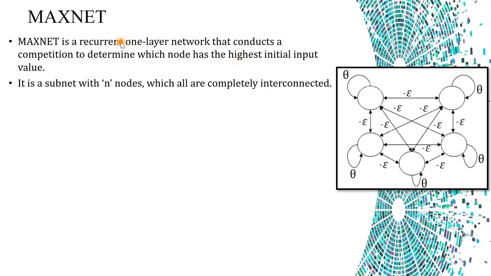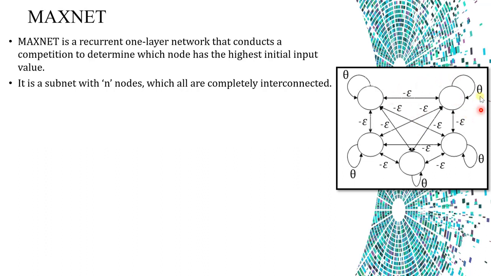Now it is a recurrent one layer network. Why is it recurrent? Whatever is the value at this particular node, the output of this node will be fed back to itself, and whatever is the value of this node, with this weight it will be given to this other node.